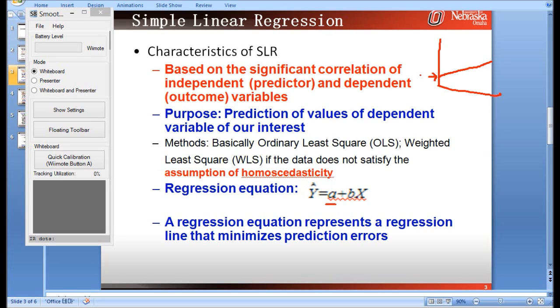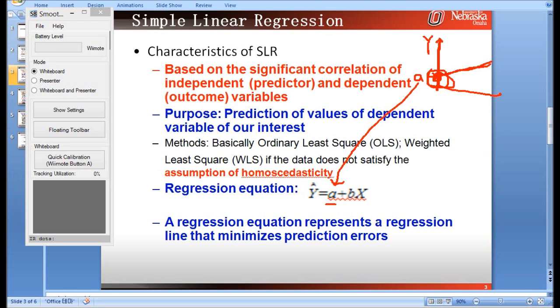The point where this regression line intercepts the y-axis. Okay, here, this point. This is A, right here.